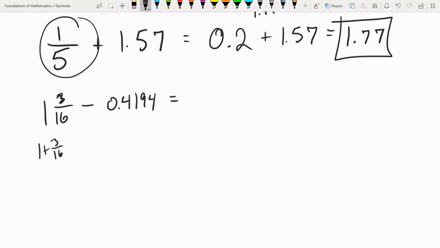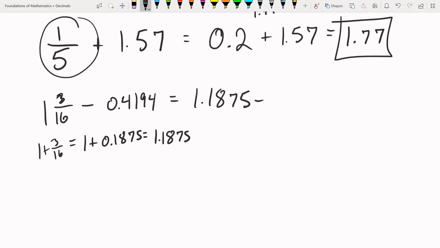So really we're trying to figure out what is 3/16 as a decimal. Plug it into your calculator or do the division by hand if you want. And you get 0.1875. This is going to be 1 plus 0.1875, which gives us 1.1875 minus 0.4194. We can do the subtraction by hand. Just make sure you line up the decimals.